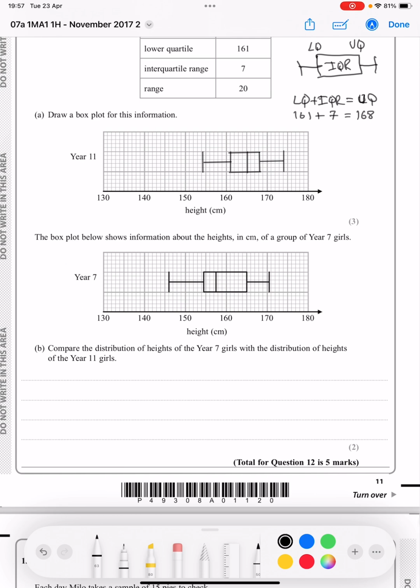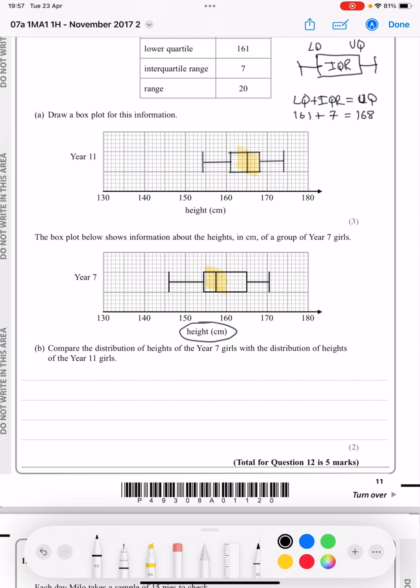So the median is this line in the middle here. You don't have to do anything too flash with it, but just remember to put it in context at some point. And the context is basically this thing here, the height in centimetres.